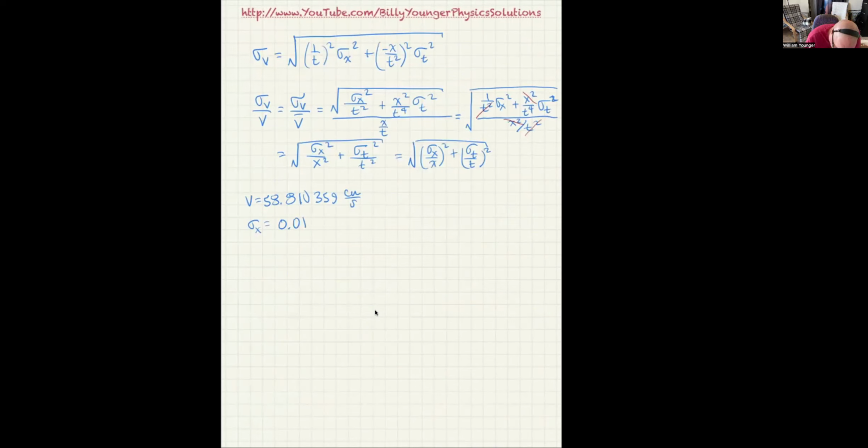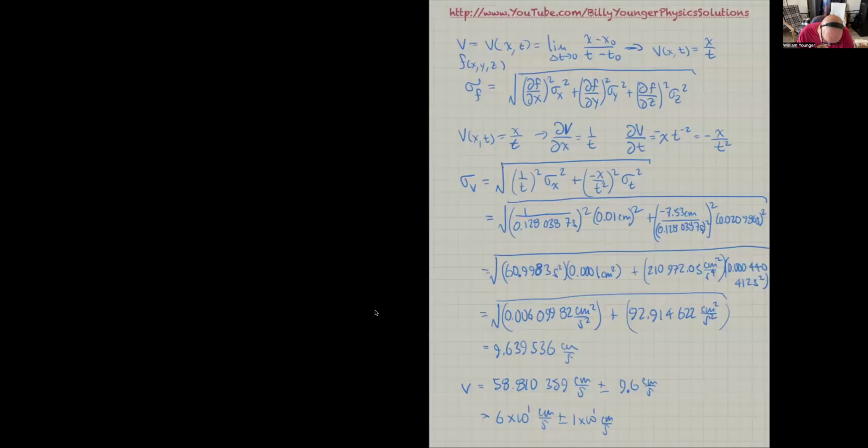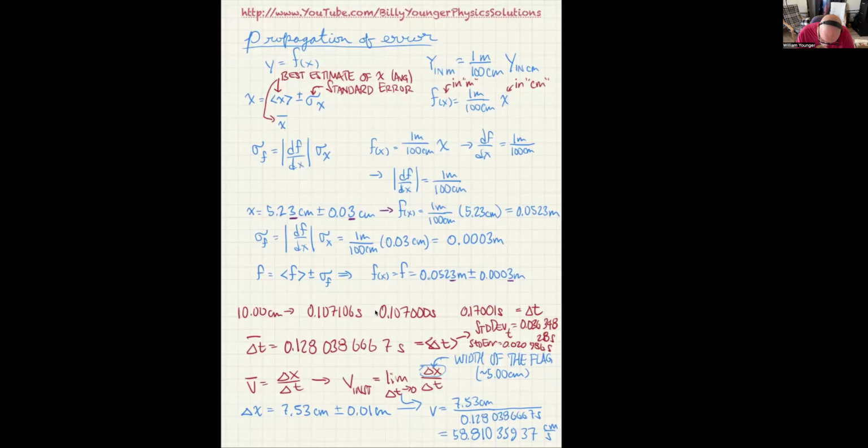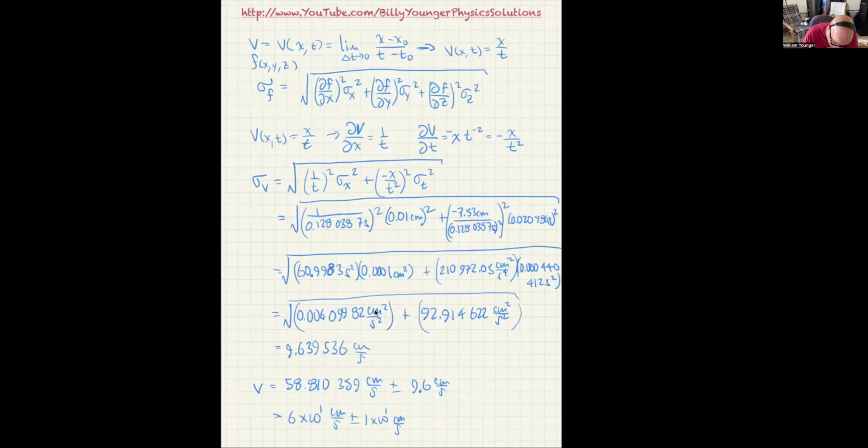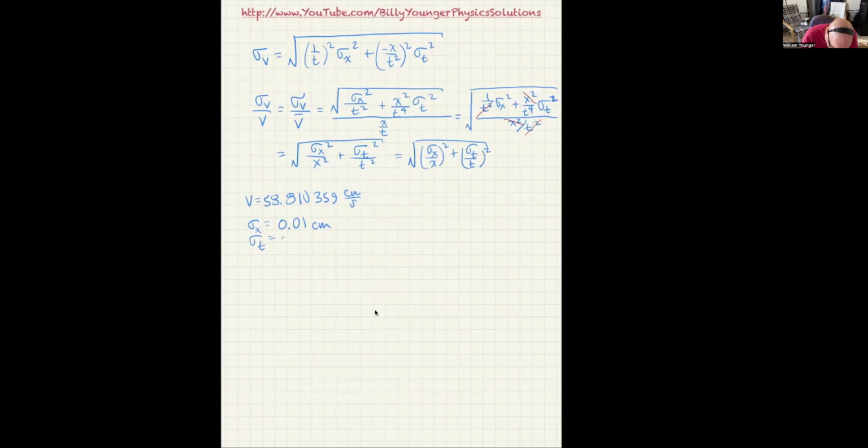Actually, I wrote seconds there. Then our uncertainty in t, which we did our standard error on, turned out to be 0.020986, and that's in seconds.